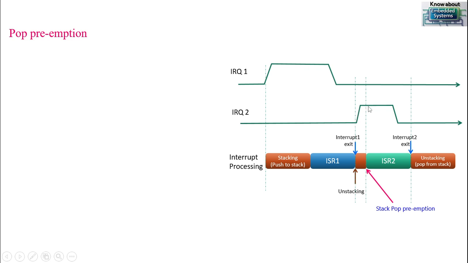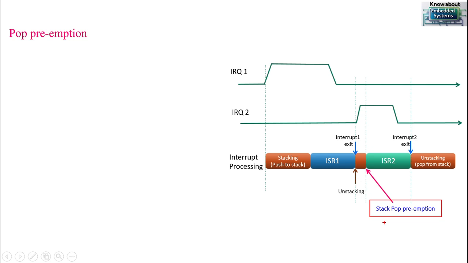So what will happen in this scenario? Your unstacking has to happen, but at the same time, we got one more interrupt. So what will the processor do? The processor will halt the popping process, or unstacking process. This is called pop preemption.